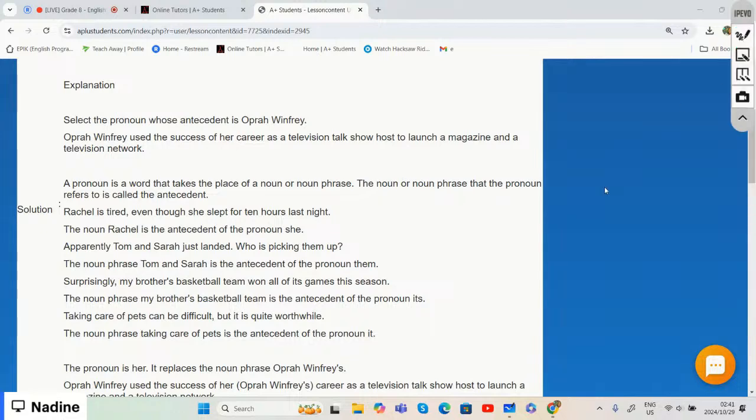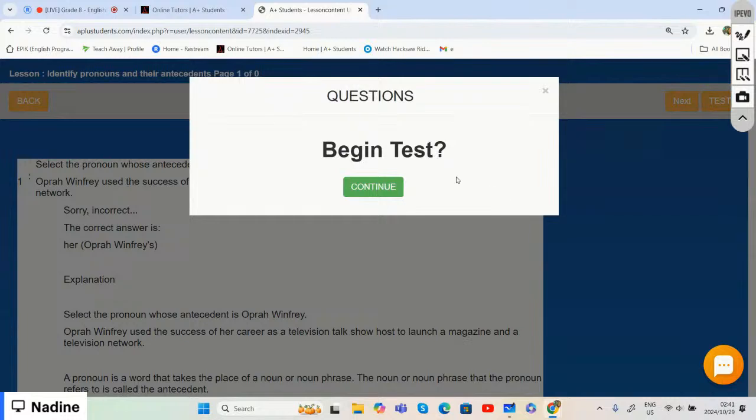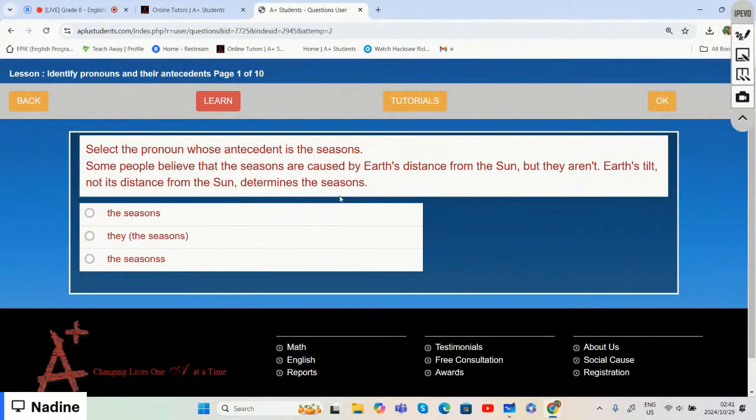All right, so now we're going to our test where we're going to identify the pronoun and the antecedent. Some people believe that the seasons are caused by Earth's distance from the sun, but they aren't. Earth's tilt, not its distance from the sun, determines the seasons.